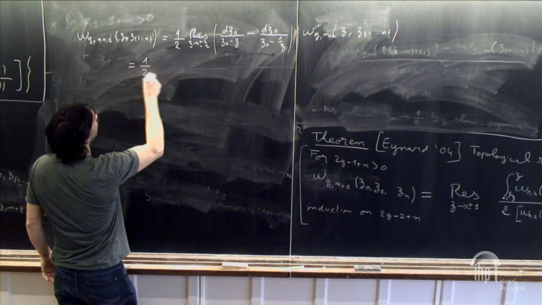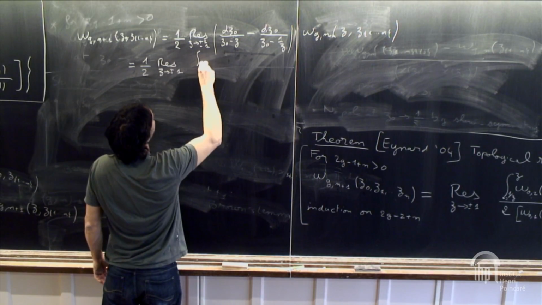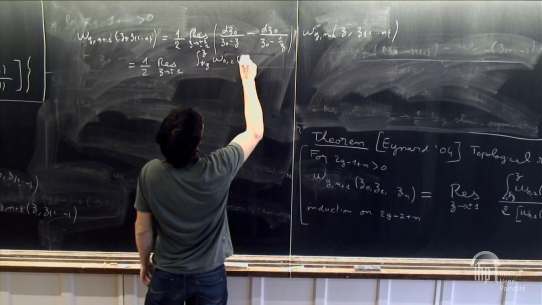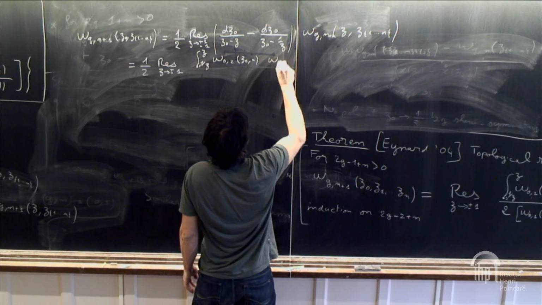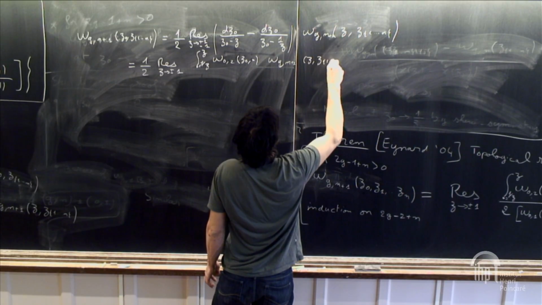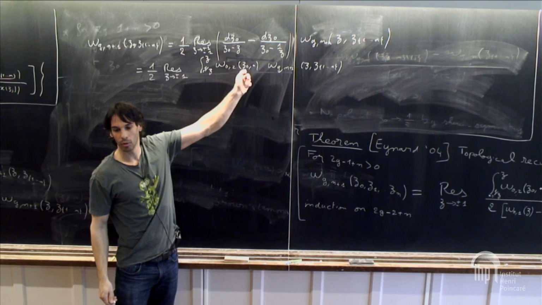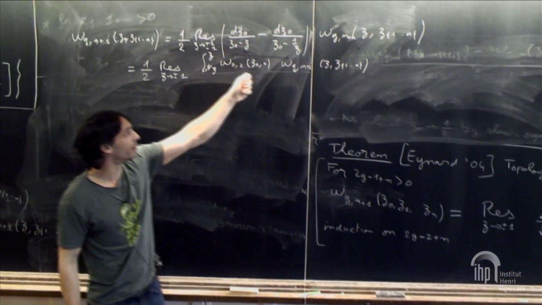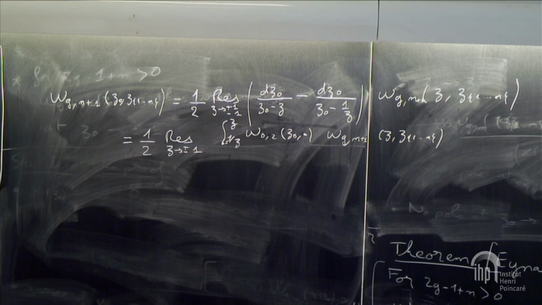So I could write it in this form: the integral of omega 0,2 of z0 times omega g n plus 1 of z. So you see that the dz0, which I had here, was taken into account in the omega 0,2, which is a one form in z0. And when you integrate it, it is a one form in z0, but it's a function of z.